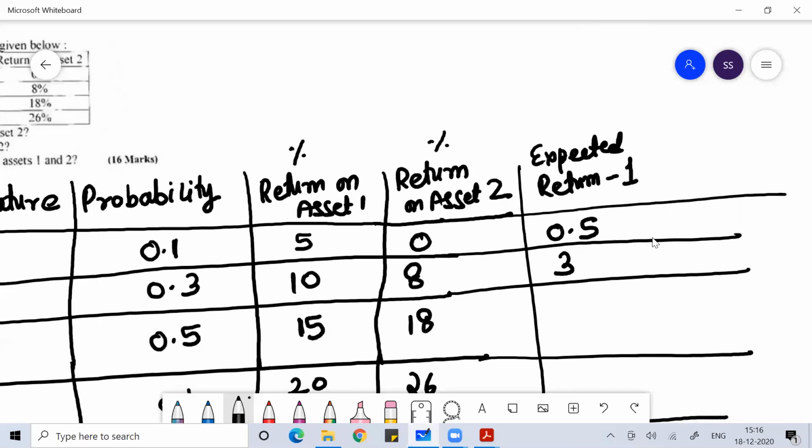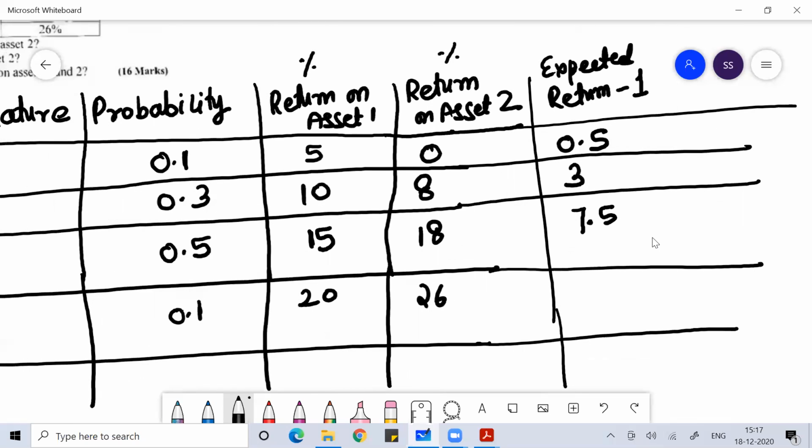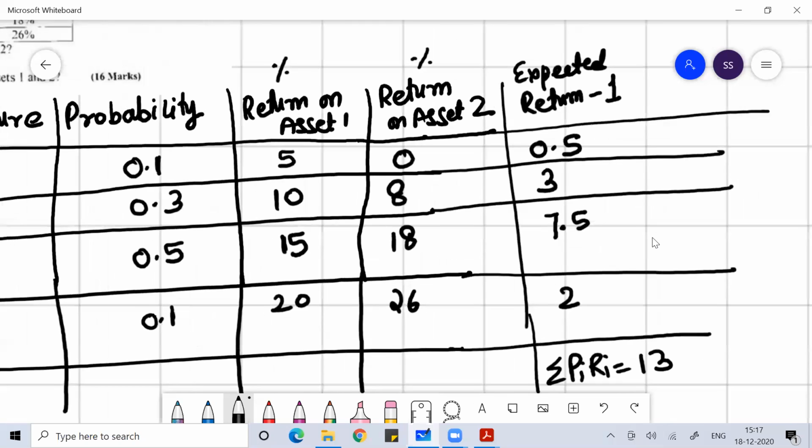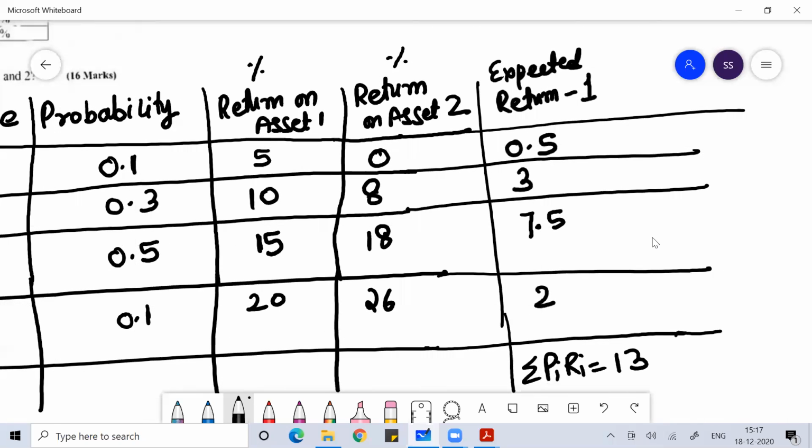Then 0.5 into 15 means 7.5. Then 0.1 into 20 means 2. So the expected return is the sum of Pi into Ri, which is equal to 13. This is the expected return on asset 1.